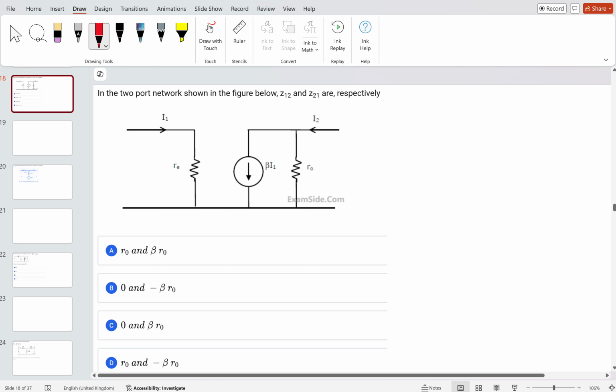If you got any value, Z12 or Z21, any value? Okay, Z12 as an odd number, that's correct. Try to find out Z21.